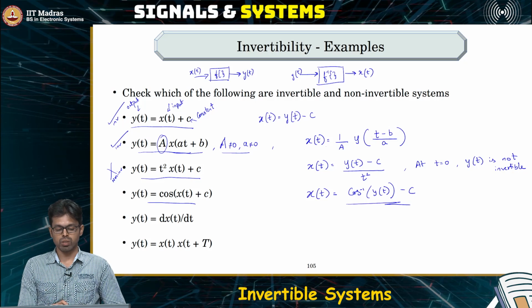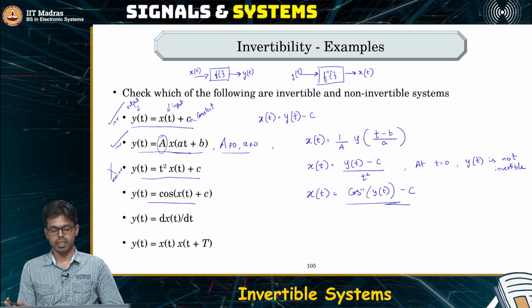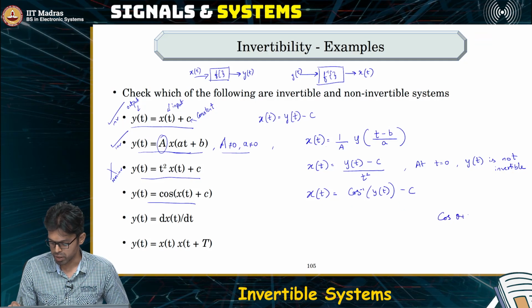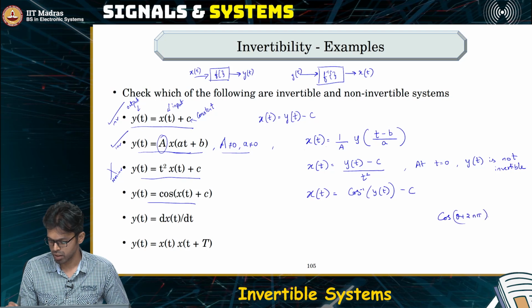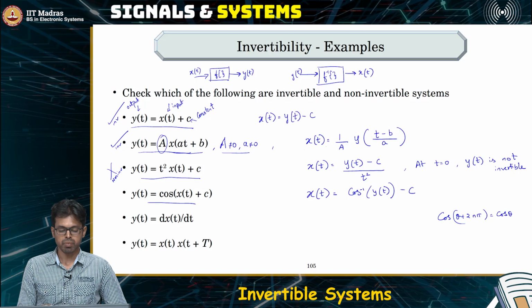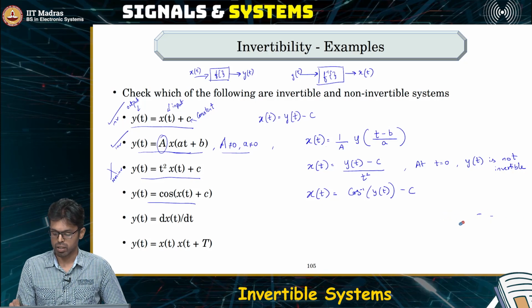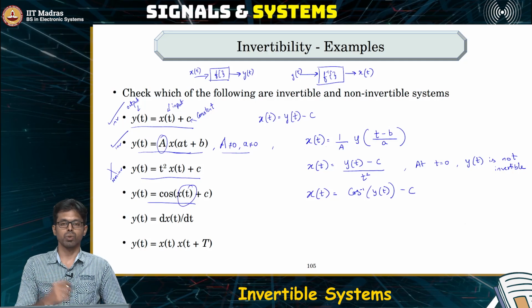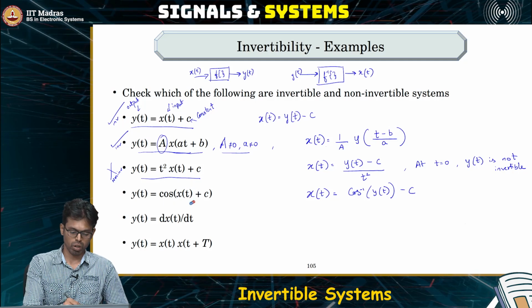Clearly cos of anything plus 2n pi is still the same thing, that is cos theta plus 2n pi is cos theta itself. Cos is a periodic signal, which means you are not going to get back the original signal whenever the original signal's amplitude is going to cross 2n pi or 2 pi.